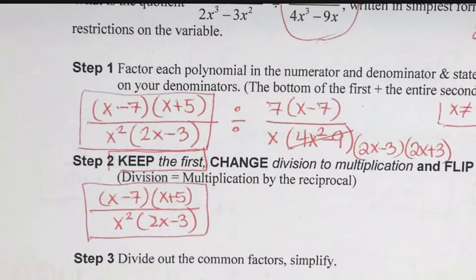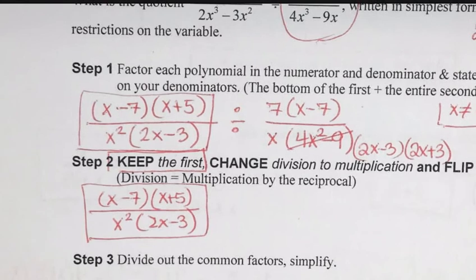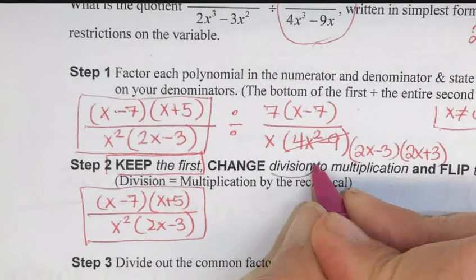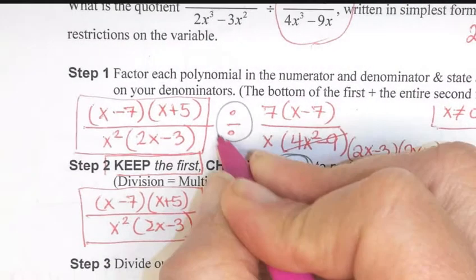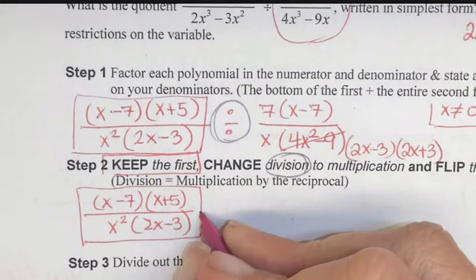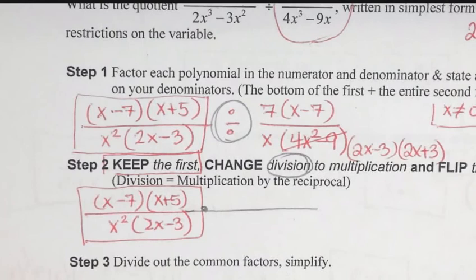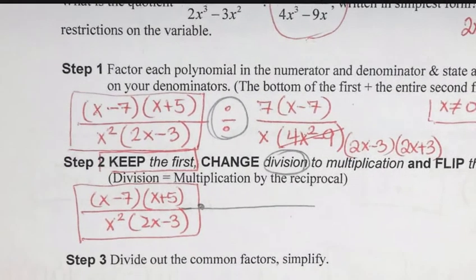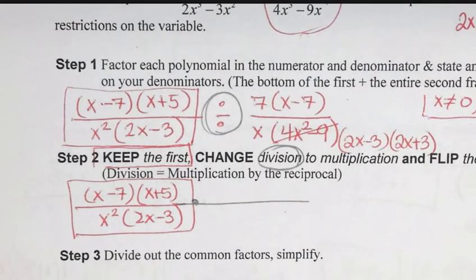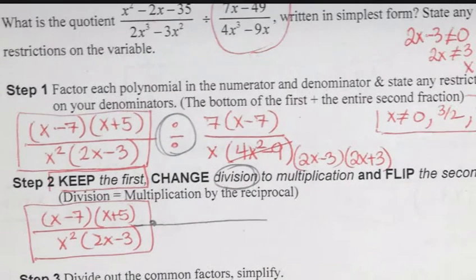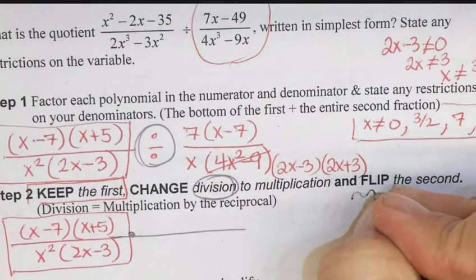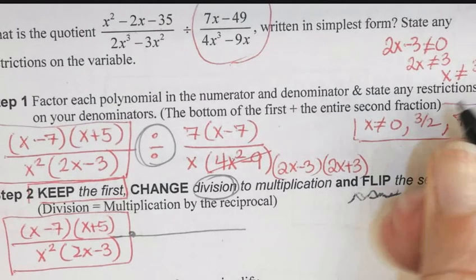Change the division to multiplication. So right here, where I have division, it becomes multiplication, which means that I can just have one big happy fraction. Right? And finally, I'm going to flip this second fraction up here.